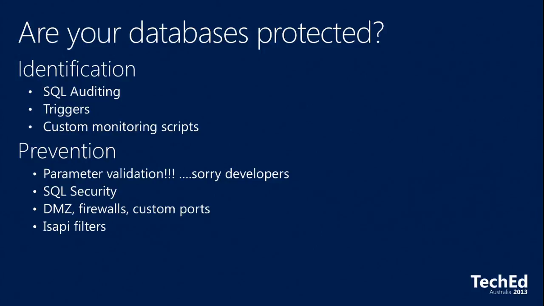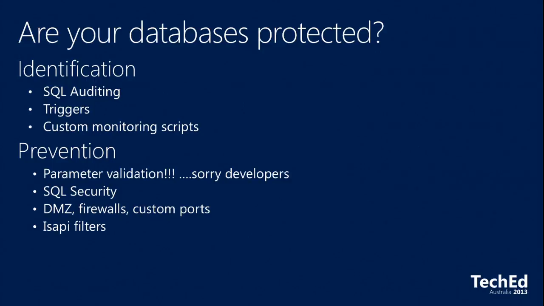So SQL Server auditing is one way we can start to track for this sort of thing, using triggers. Back in the day when I was a DBA investigating this, we had a custom script that was the same script as what the people used to exploit it, but re-engineered so that rather than update and corrupt data, we went and looked for tables that had been exploited.